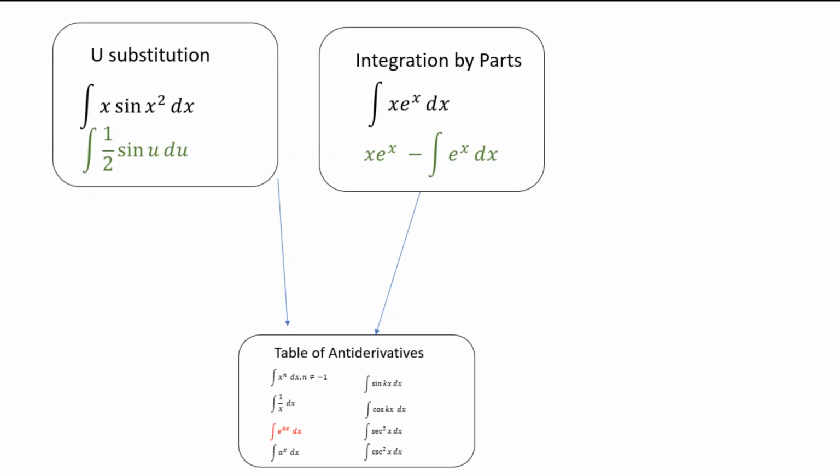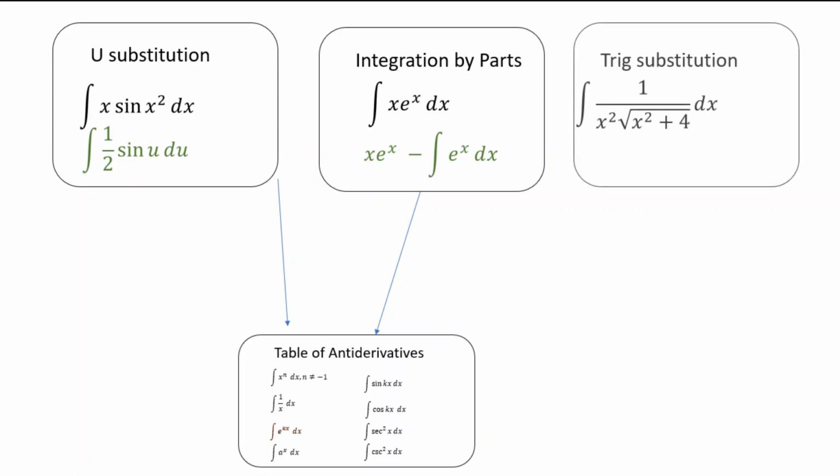We'll also learn in this class about trig substitution, where we'll take incredibly complex integrals that involve compositions, as well as products, roots, all kinds of nasty things. But at the end of the day, we get an integral that is off our table of antiderivatives.